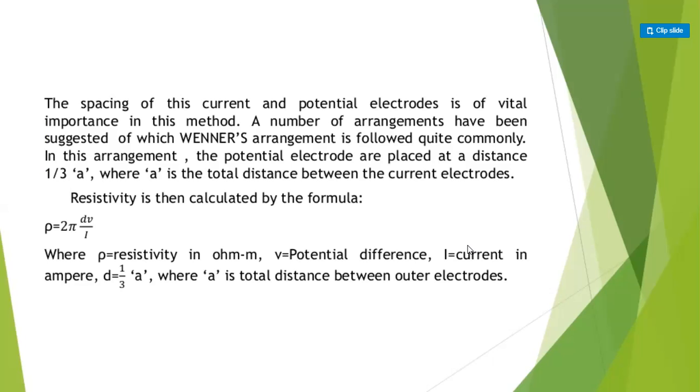Resistivity is then calculated by the formula ρ = 2π d V by I, where ρ is resistivity in ohm-meters, V is potential difference, I is current in amperes, d is equal to 1 by 3a, where a is the total distance between the outer electrodes.